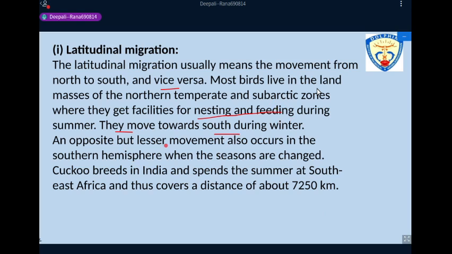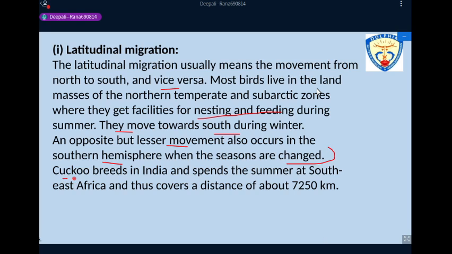Okay. An opposite but lesser movement also occurs in the southern hemisphere, and that means the birds migrating from the southern hemisphere will traverse a very short distance when the seasons change. This will be what? Seasonal migration.